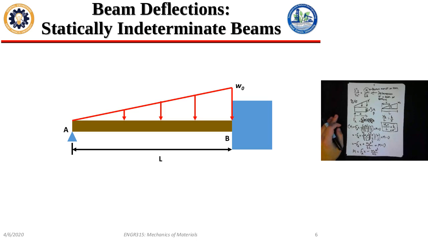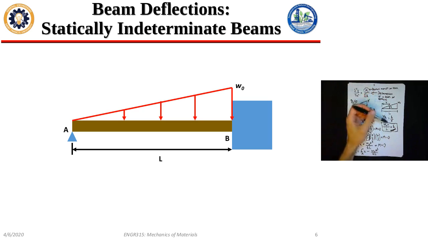What's the W naught times X over L equals H, which equals W? Why is it equal to W? So if I look over here, this is our similar triangle analogy for the load distribution. In order to find the height right here, we can do the similar triangles thing and say W naught over L equals H over X. X is the distance that we're measuring from the end of the beam.